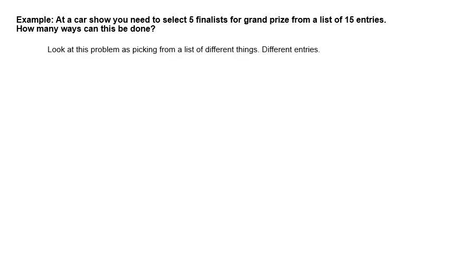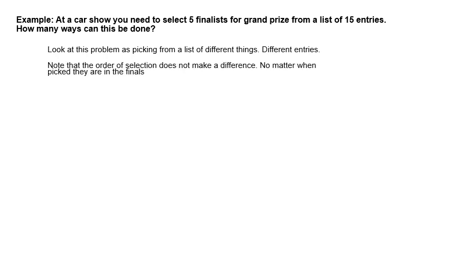Look at this problem as picking from a list of different things. There are 15 different entries. But the order of selection does not make a difference. No matter when picked, you are in the finals. If you're picked first, third, or fifth, we're saying the same thing. You're in the finals.